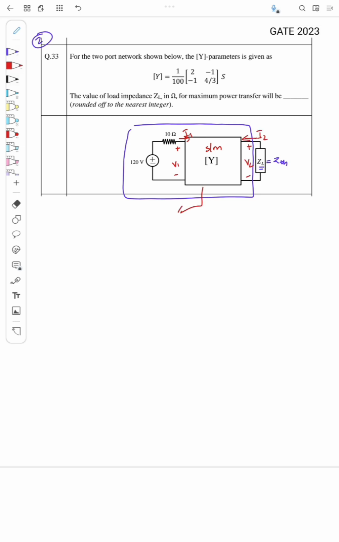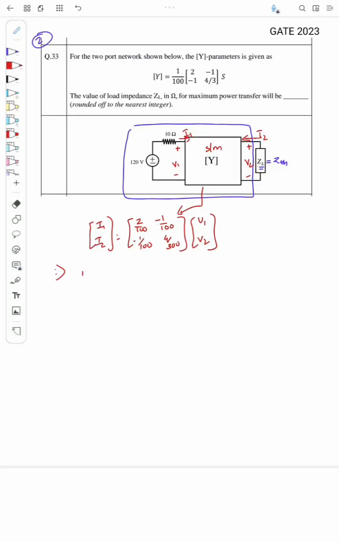Okay, so this system I can write as the matrix [I1; I2] equal to the given Y matrix, that is 2 by 100, minus 1 by 100, minus 1 by 100 and 4 by 300, into [V1; V2].